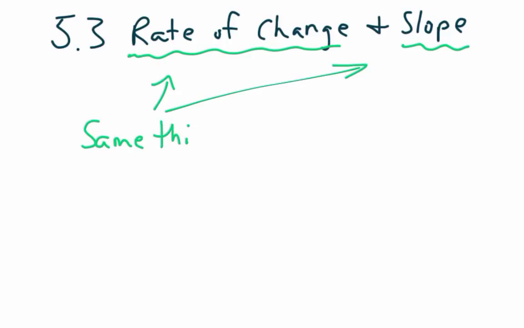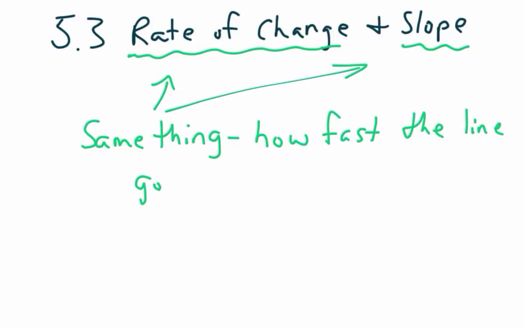And if we're talking about the slope of a line, it's really saying how fast the line goes up (or down, in parentheses).